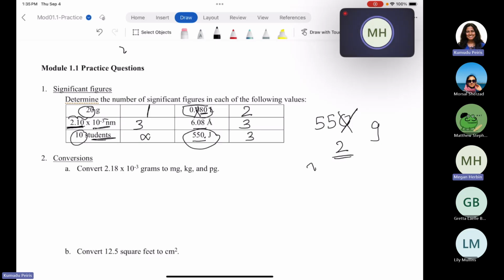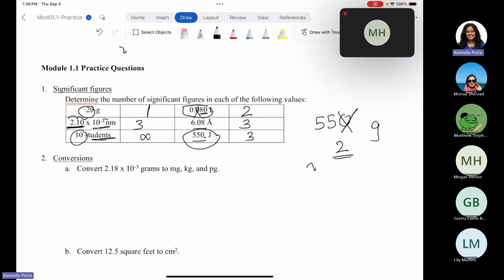So for the one with the 10 students, you said that was infinite. So we would never give a true value for that because, if it were like 12 students, we would just say the same answer choice. It's just infinite.